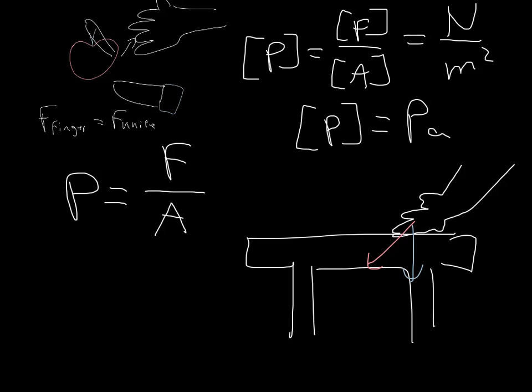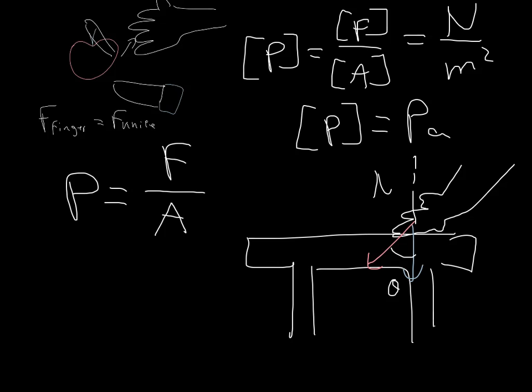Now, hopefully you paused the video and you did your own thinking, but obviously this does more pressure than this, because in this, part of the force is lost. This part, the part that goes this way, is lost. And the only part of the force that we care about is this one, which is the projection of this force in here. So if I call this angle theta, which is the angle to the normal, see, this is the surface, this is the normal.